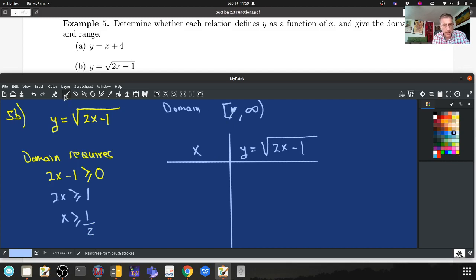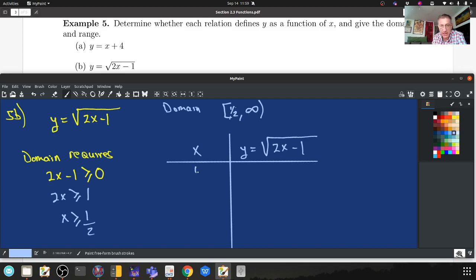I'll eventually catch not writing things down, because I eventually come back to it and I realize, there we go. I said we'll divide by 2 and then I forgot to write it down. So the domain is 1/2 to infinity.